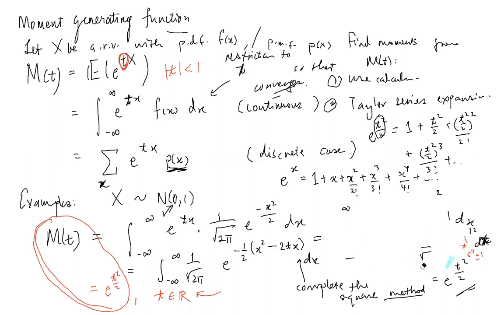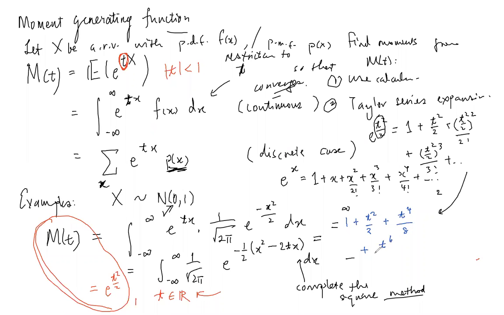After that, you just need to check the terms that correspond to particular powers of t. If you simplify this, you will get 1 plus t^2/2 plus t^4/8 plus t^6/(8 times 3 factorial) and so on.